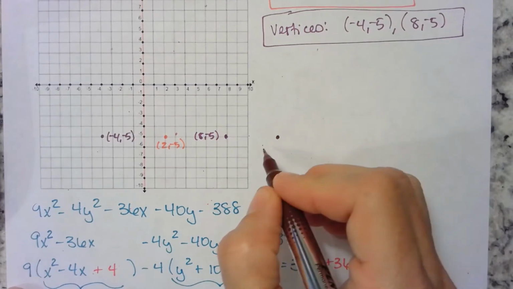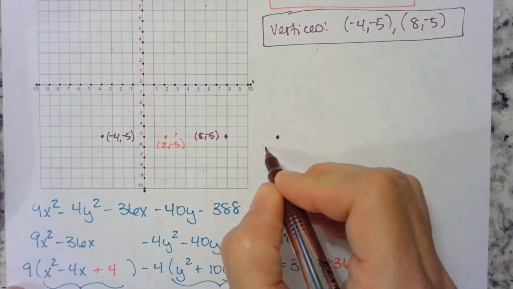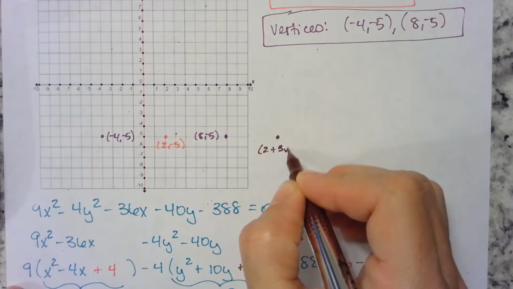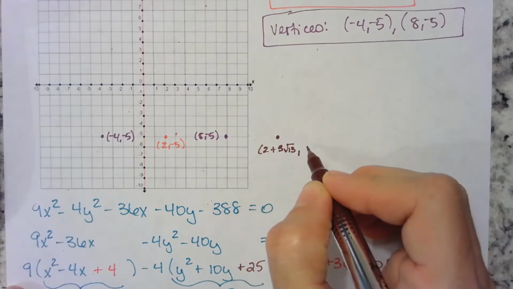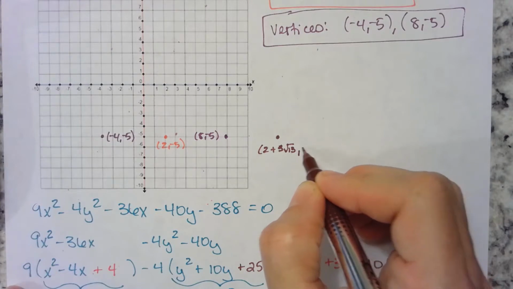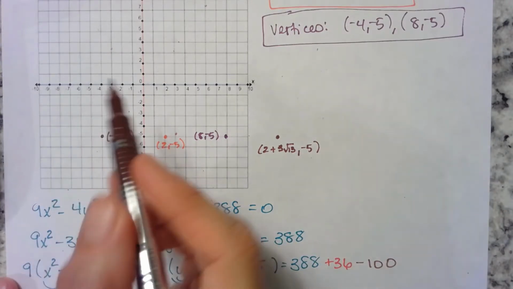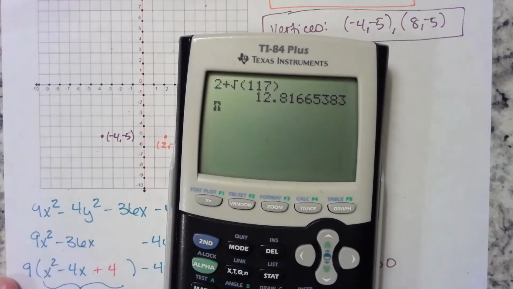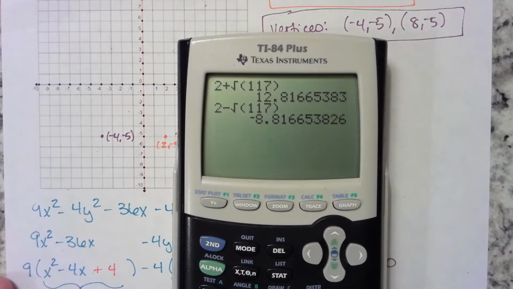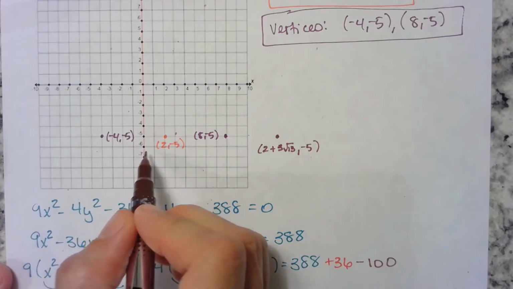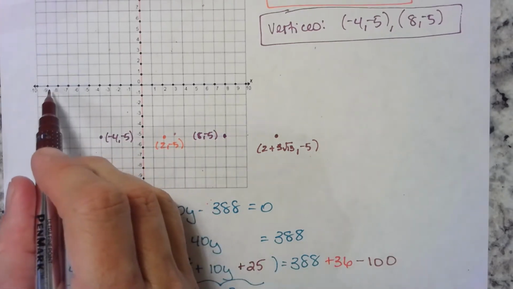So this is 2 plus 3 square roots of 13 and down to -5. We're also going to subtract it. So we're going to do 2 minus 3 square roots of 13, which is at -8.8, and then down to -5, somewhere in here.